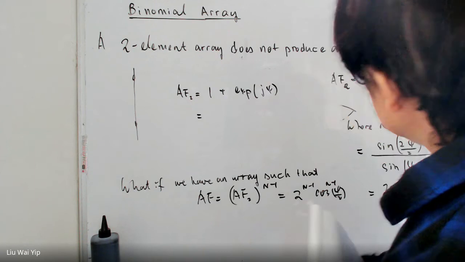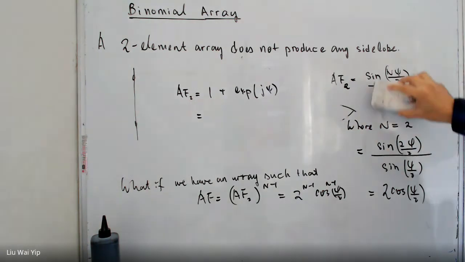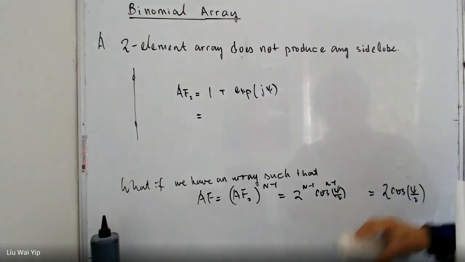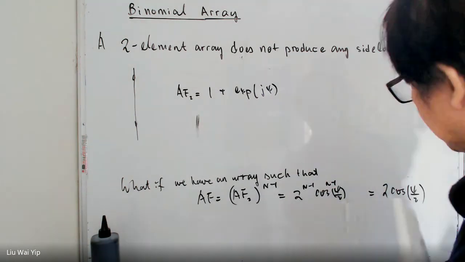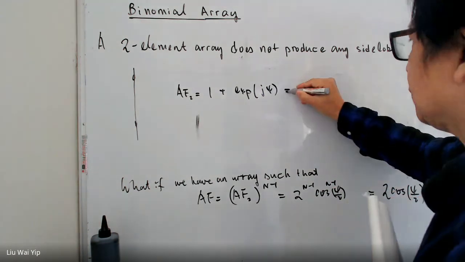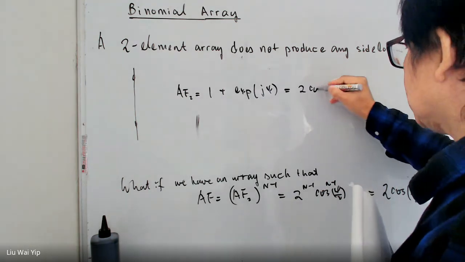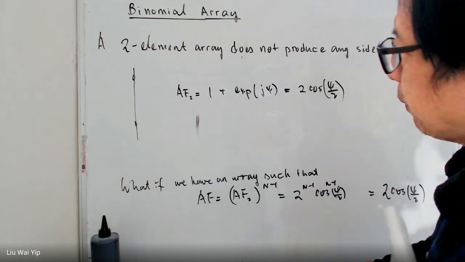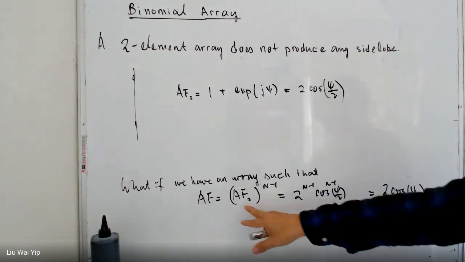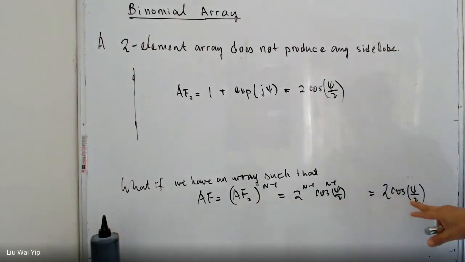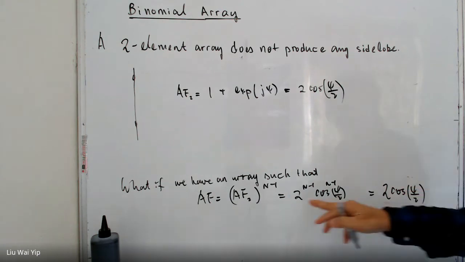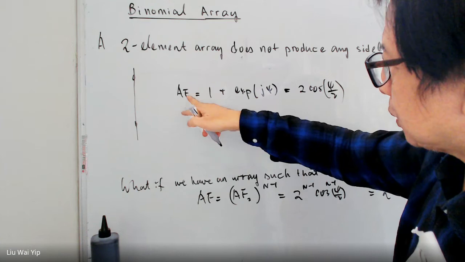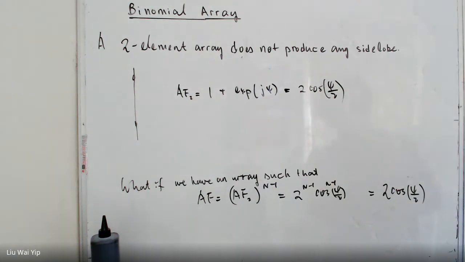So if I'm going to expand it, this one, as we already know, is equal to 2 cos of psi divided by 2. And now we are going to end up with an array function with the array factor being self-multiplied by n minus 1 times.